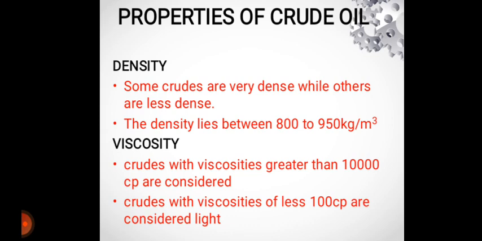The viscosities of crude in the range of 10,000 centipoise are ascribed to heavy or thick crudes, while light crudes have viscosities of less than 100 centipoise.